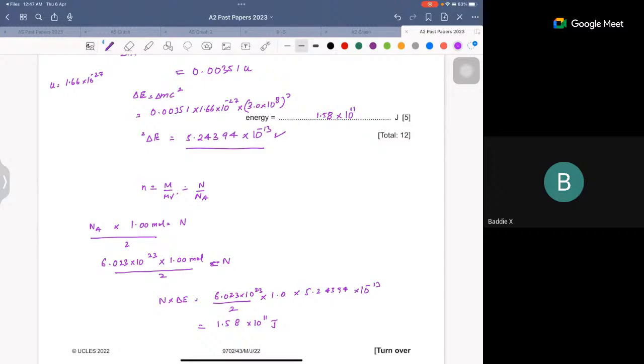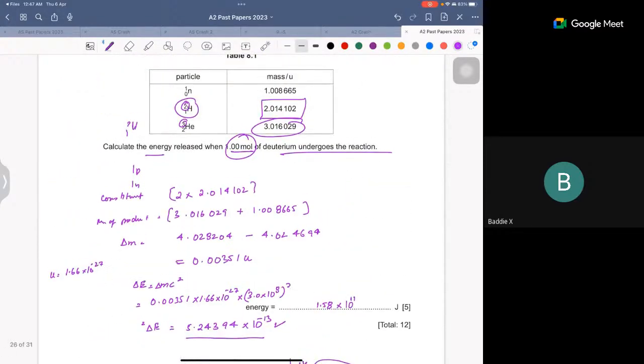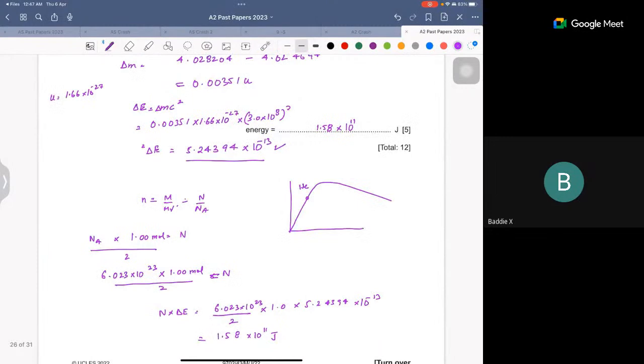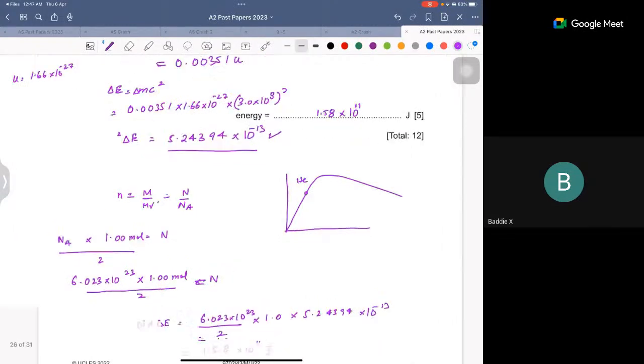So what I'm saying is, if you look at the graph, one of those deuteriums needs to change to helium-3. So let's suppose helium-3 is here. It says energy release when 1 mole of deuterium. It's just talking about 1 mole. So how many heliums will be formed? I need to understand this.